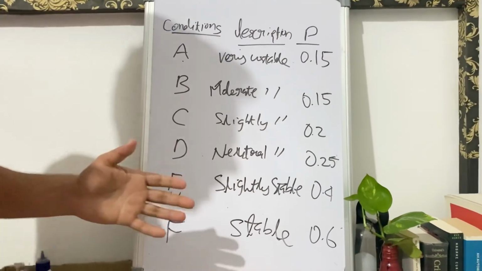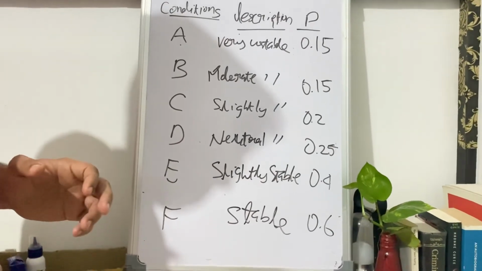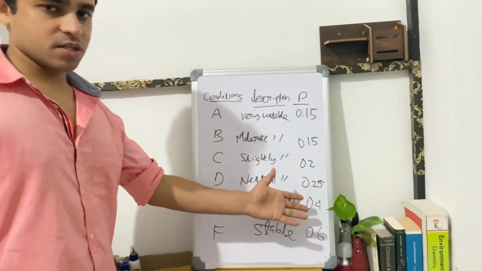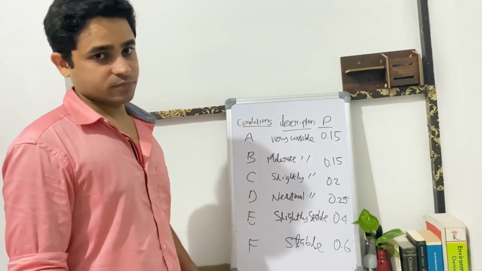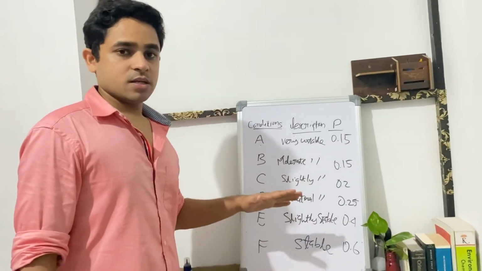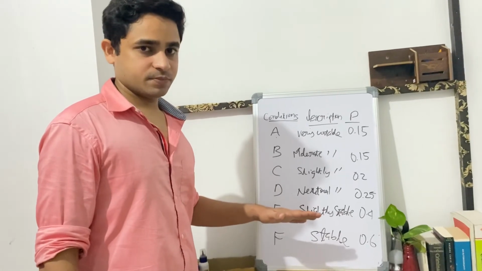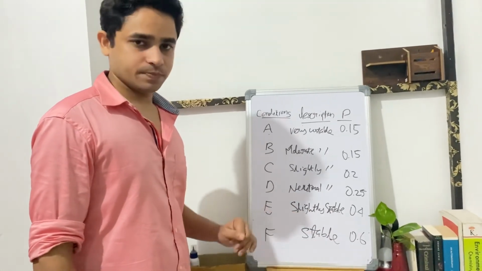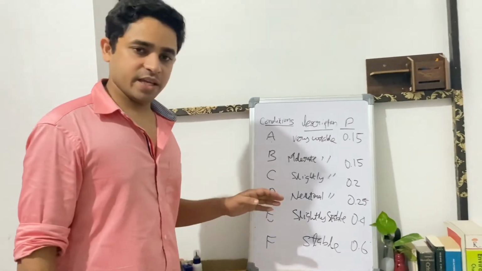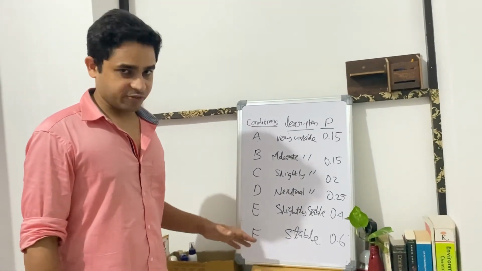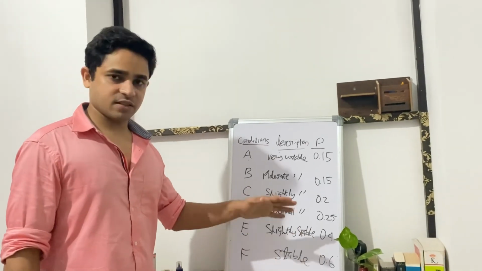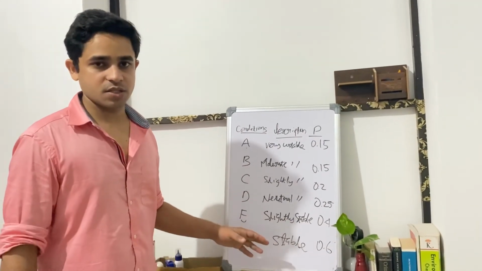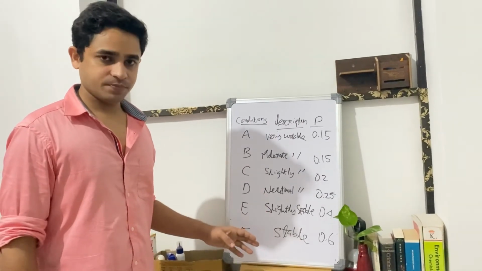And in the E, from E onwards, the value of P is 0.4 and the condition becomes stable, okay, or slightly stable. And in the F condition, the value of P becomes 0.6 and the description of that condition is stable.